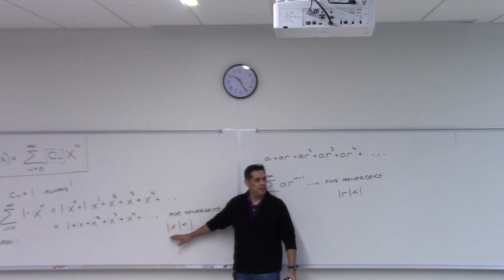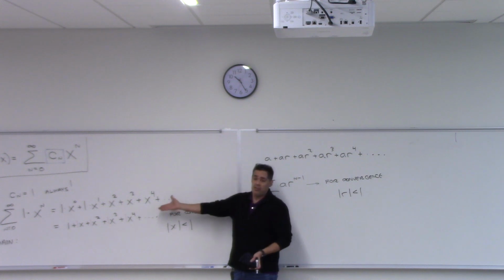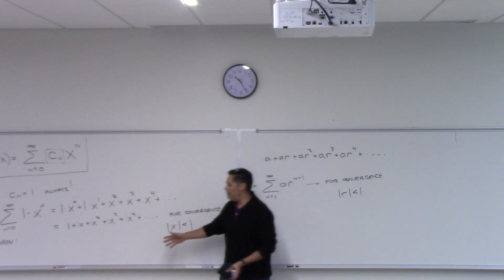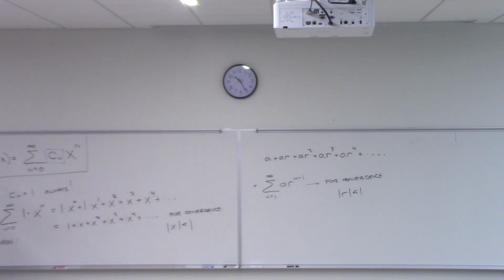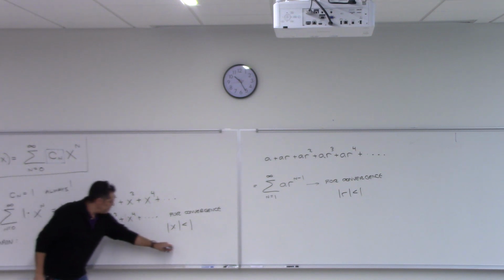If you plug in anything outside of this, the function doesn't make any sense because it diverges. So how do you say absolute value of x less than 1 on a number line? What does that look like?